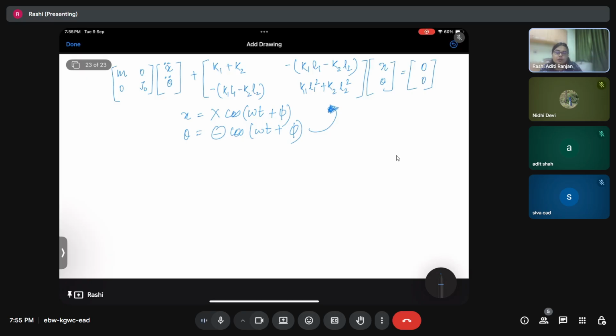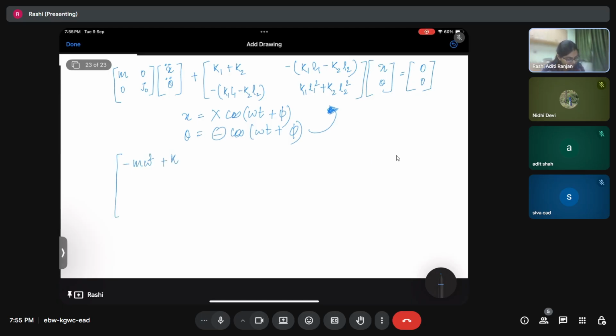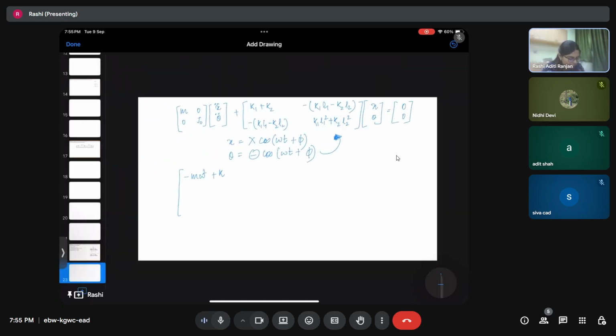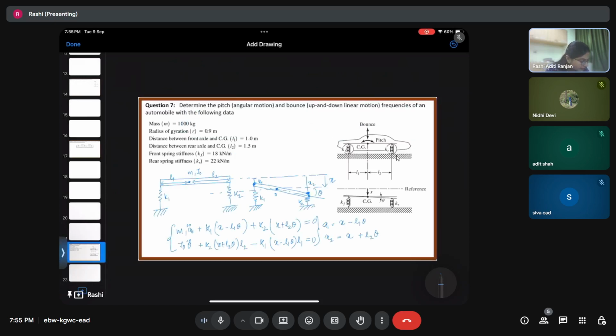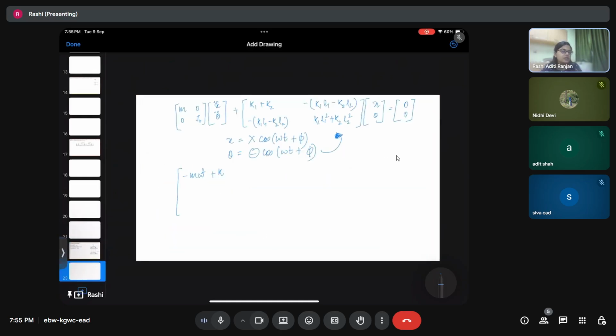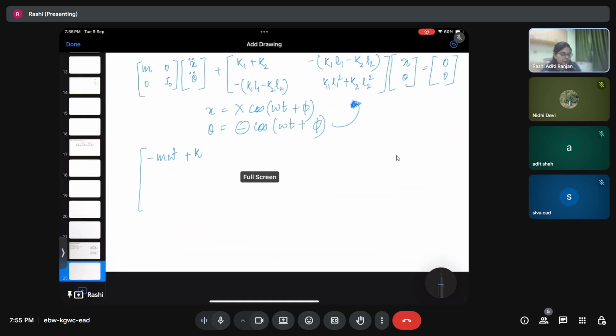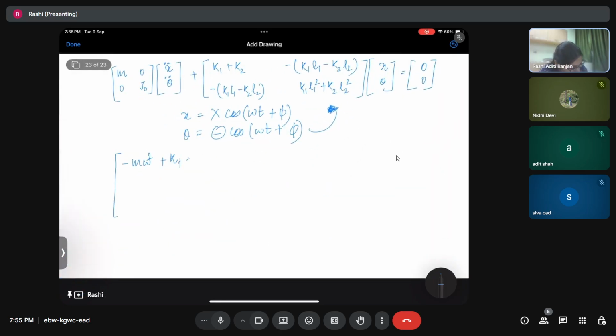And then from there, we are going to get the relation such that minus m omega square plus k. It is going to be k1, k2. Here we have k1 as kf and k2 as kr, so we'll write it in terms of that only, because eventually we have to put the values of kf and kr. Kf plus kr.